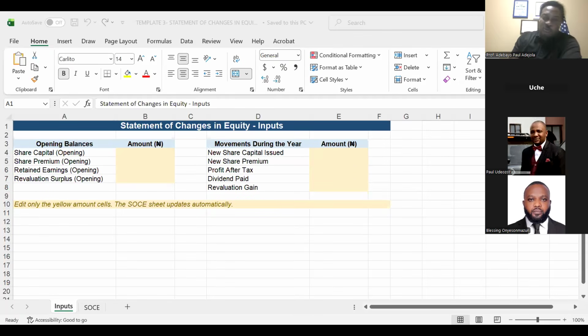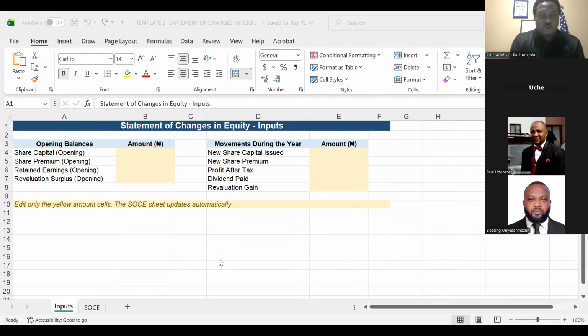I've shared it before, and I'm showing us again the template we need to solve that question. Let me go back now and share the template. See it here? Template 3. Check your platform, it is also there.